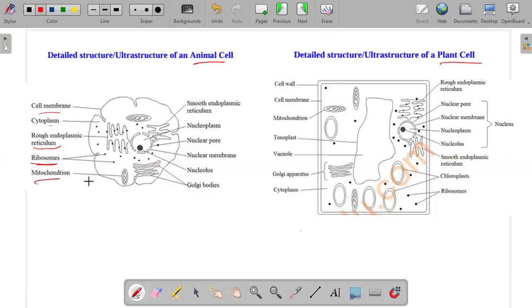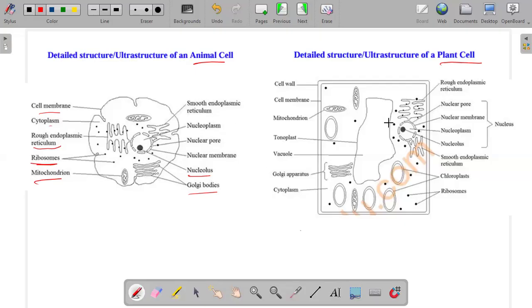Then you have the mitochondria, and then you have the Golgi body. Golgi bodies together are referred to as the Golgi apparatus. Then you have the nucleus.